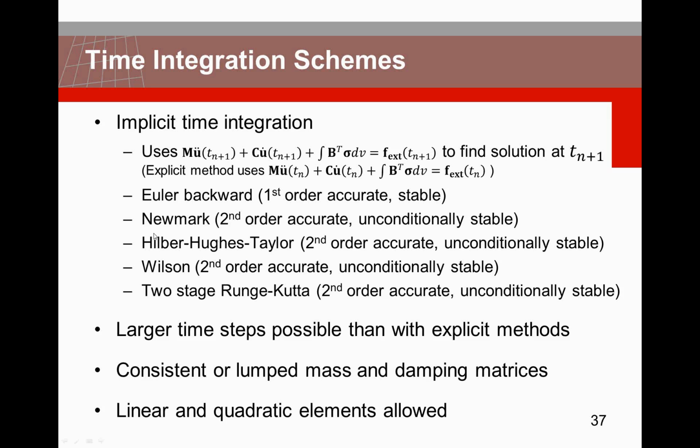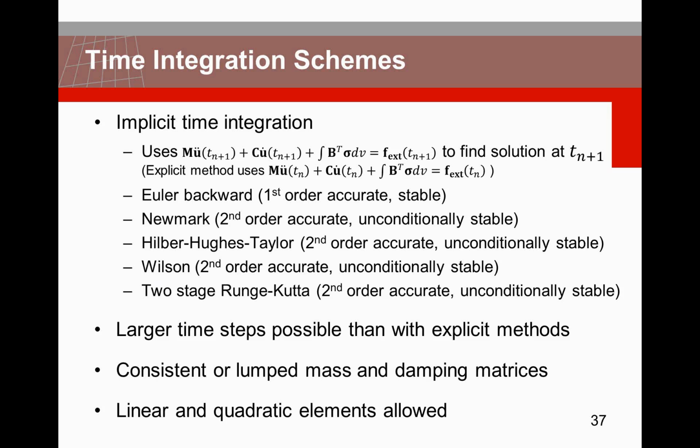Hilbert-Hughes-Taylor is actually similar to Newmark, except with slightly different values in the equation set, which makes the Hilbert-Hughes-Taylor introduce some numerical damping for higher frequencies, which is sometimes wanted to avoid some spurious modes, which you sometimes see occurring in calculations. Wilson is another variant, and the Runge-Kutta is another variant.